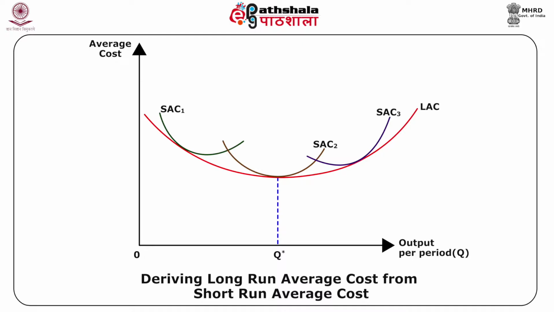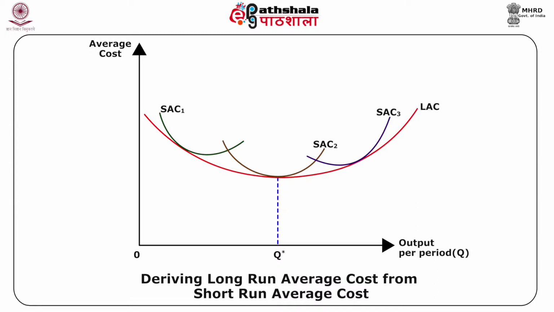Till Q11, SAC1 is the least cost plant size and hence the most profitable one. But as output goes beyond Q11, SAC1 gives higher unit cost of production than a bigger plant size SAC2. Hence, beyond Q11, the firm will shift to SAC2.